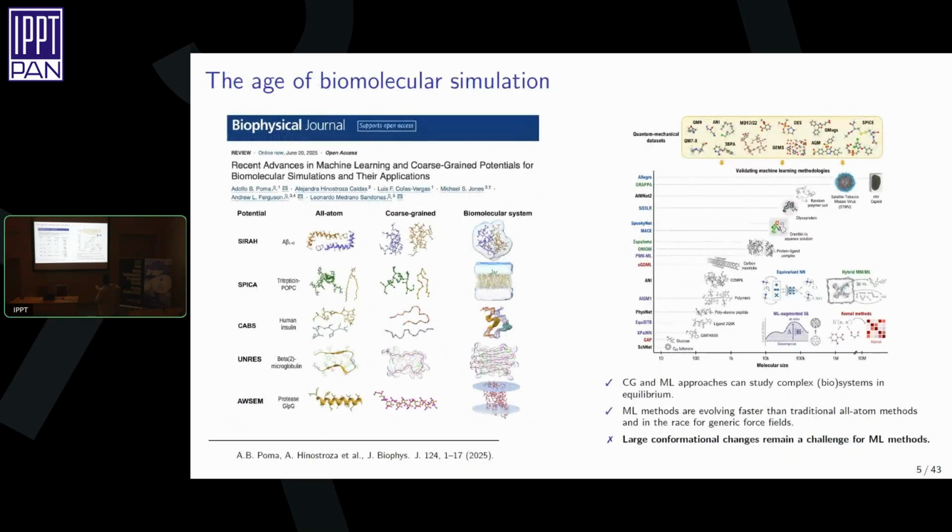These are coarse-grained methods, of course. These methods are concurrent to all-atom simulation. All-atom simulation doesn't take care of anything from the quantum world, right? They are classical models. But machine learning methods like this one, like ANI, are parameterized to reproduce quantum information at the classical level.